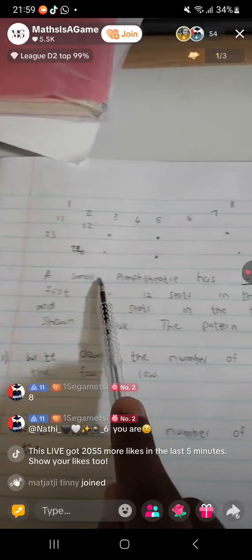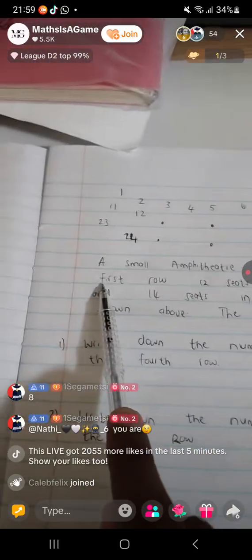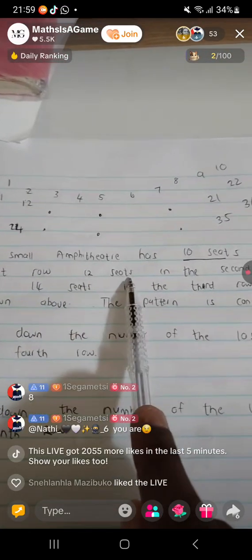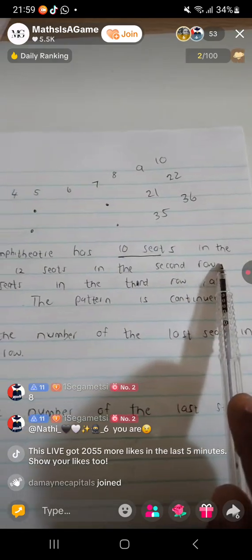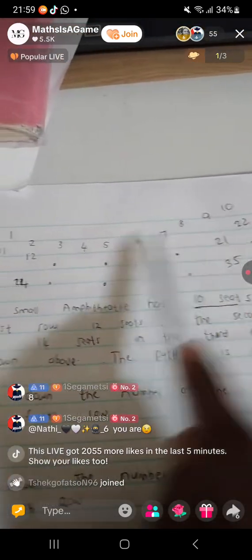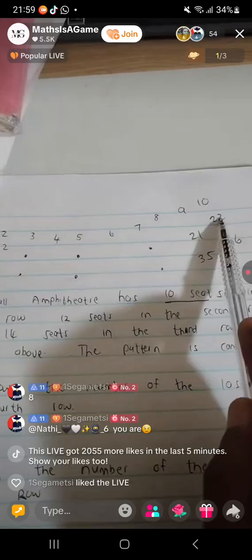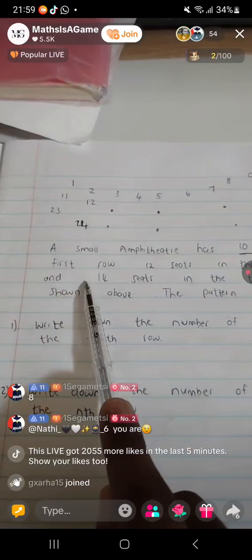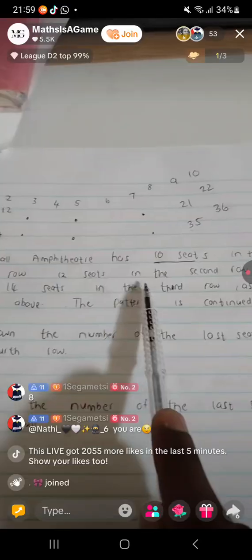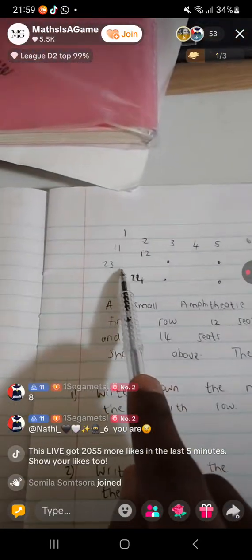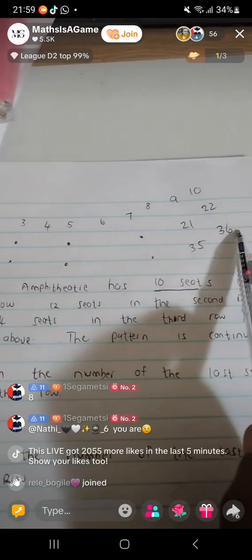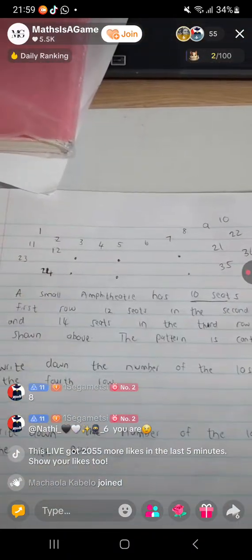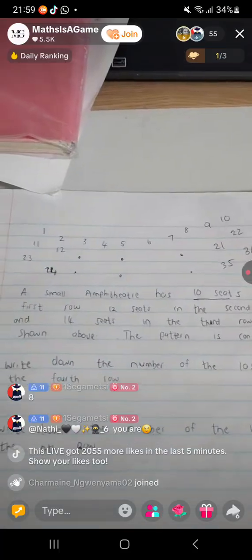Then it has 12 seats in the second row. So this is the first row, then the second row has 12 seats, and 14 seats in the third row. So this is a visual that they have on this amphitheater.